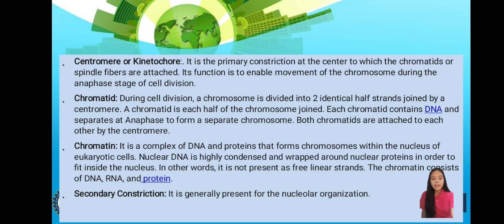Next, chromatin. It is a complex of DNA and proteins that forms chromosomes within the nucleus of eukaryotic cells. Nuclear DNA is highly condensed and wrapped around nuclear proteins in order to fit inside the nucleus. In other words, it is not present as pure linear strands.